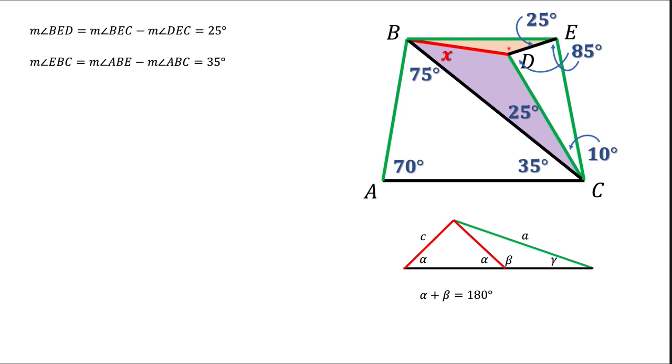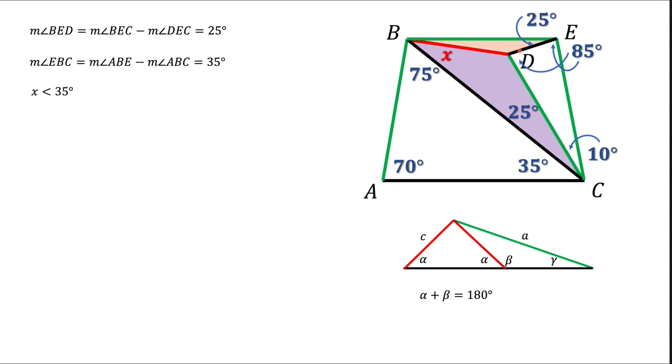And to see that those two angles are different, first of all, notice that this big angle B between the green and the black line is 35 degrees, and this angle X is a part of it. So X is actually less than 35 degrees.